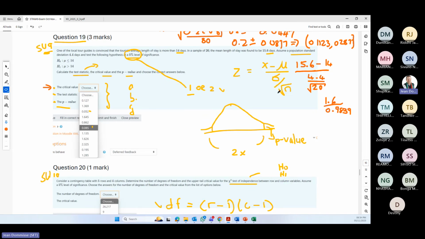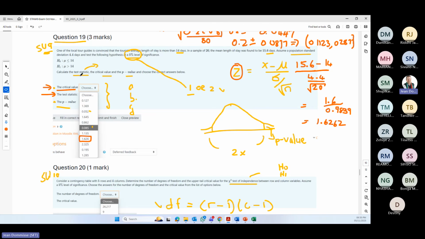So the first thing that we're working out is the Z. So that is 1.6262. So that is your T-stat. Z is 1.6262. There is that first one.